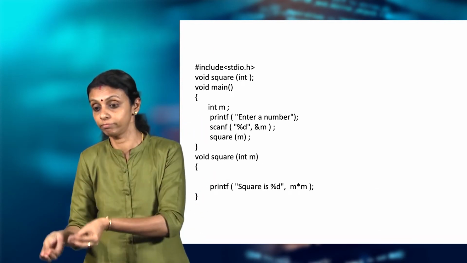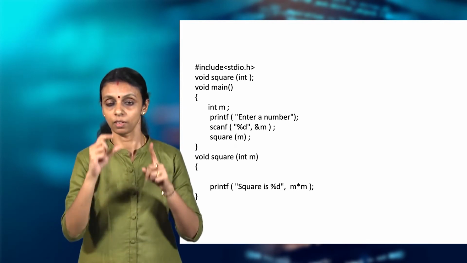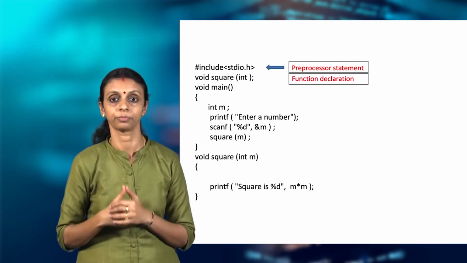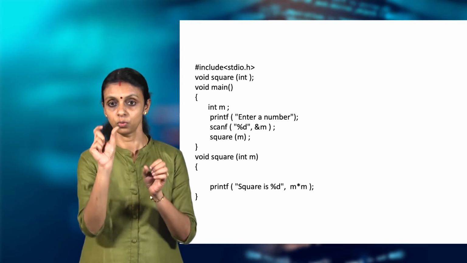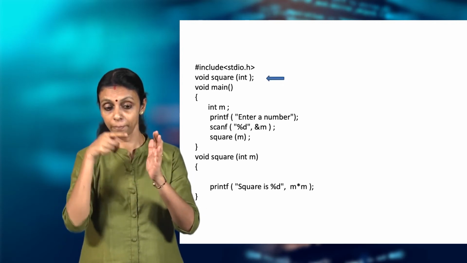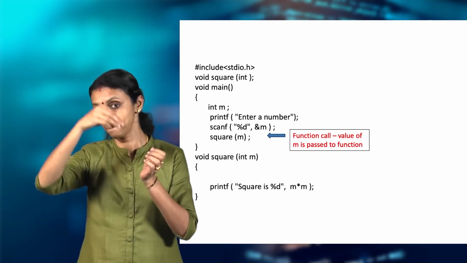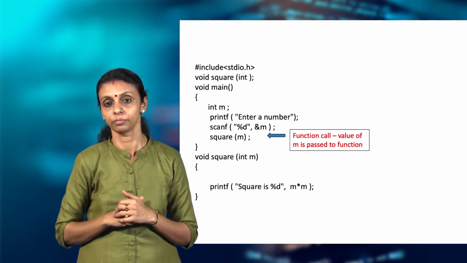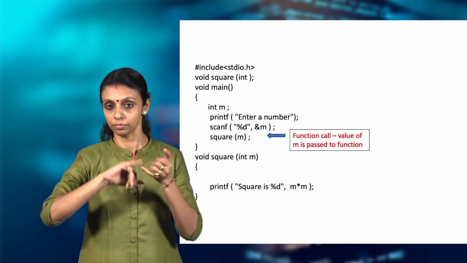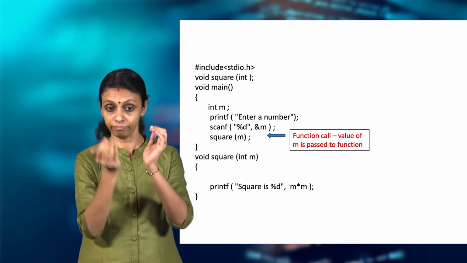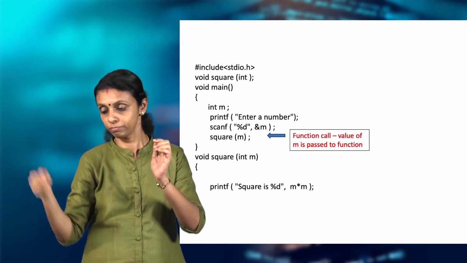Consider this program. Square of m passes value of m to the function square. Calling function square m passes m to the function square.